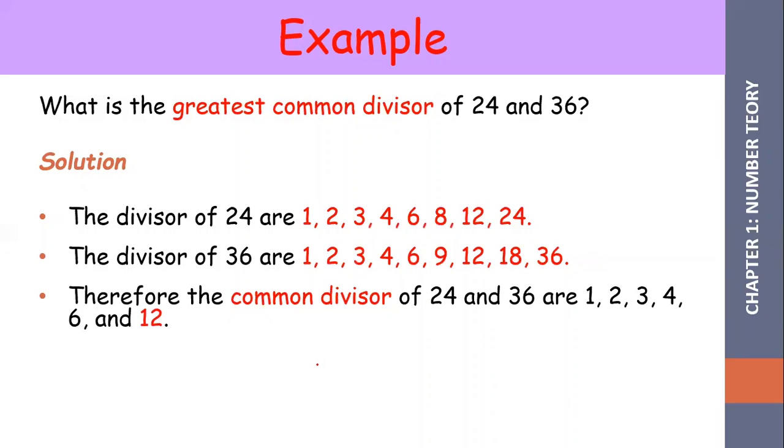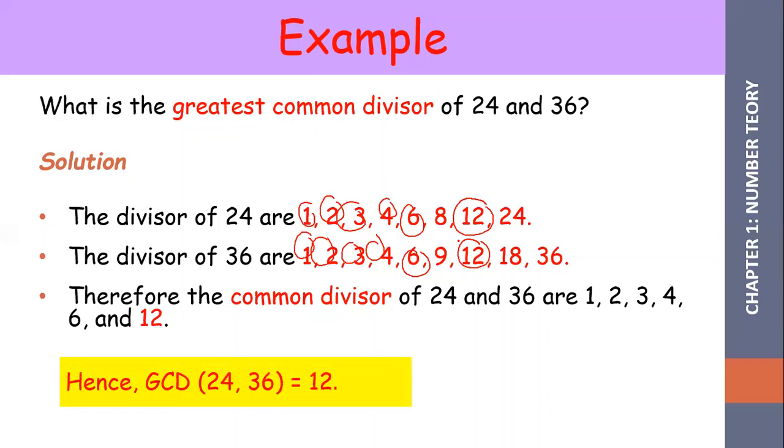The divisors of 36 are 1, 2, 3, 4, 6, 9, 12, 18, and also 36. So therefore, the common divisors of 24 as well as 36 are 1, 2, 3, 4, 6, and 12. But what is the greatest common divisor D of 24 and 36? It is equal to 12.